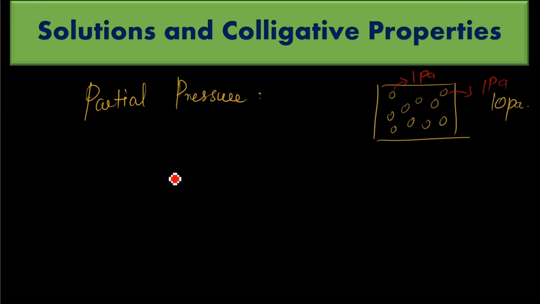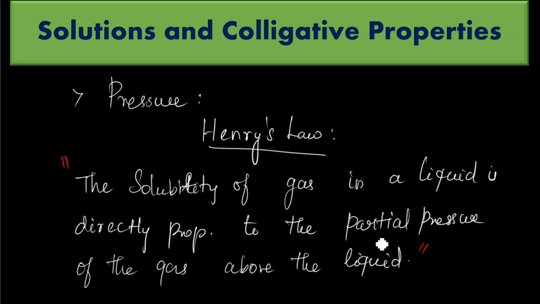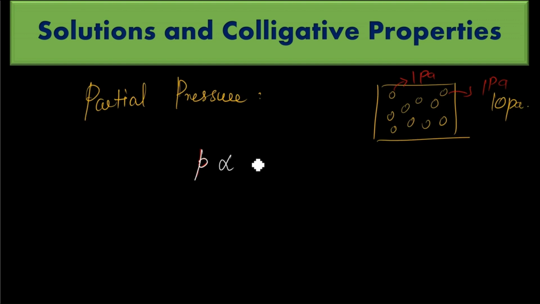So how can I write Henry's law? Partial pressure is proportional to mole fraction, or solubility. I'm taking that as the mole fraction, the number of moles getting dissolved. Partial pressure is proportional to mole fraction.